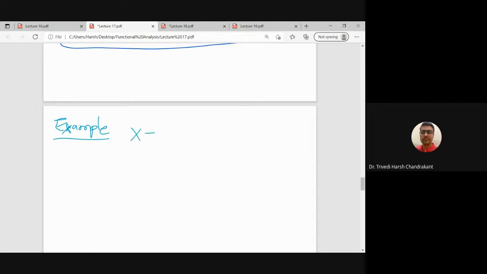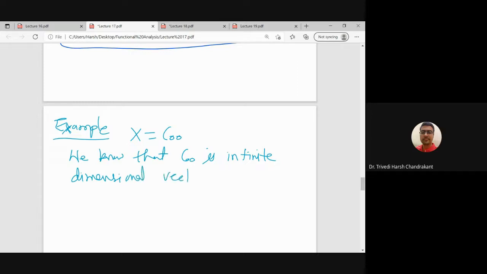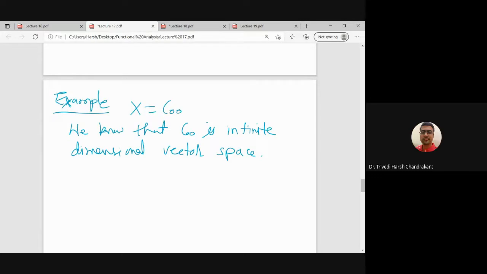So we have discussed x equals c00, and we know that c00 is an infinite dimensional vector space, right? Why is it infinite dimensional? Because it has an infinite LI set.